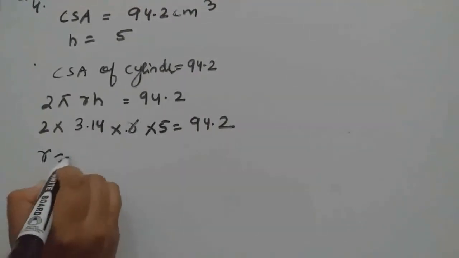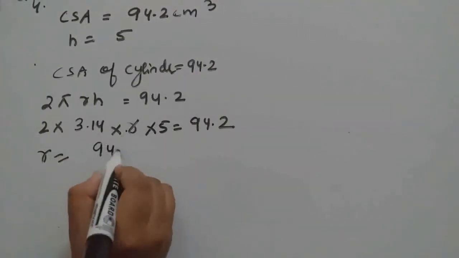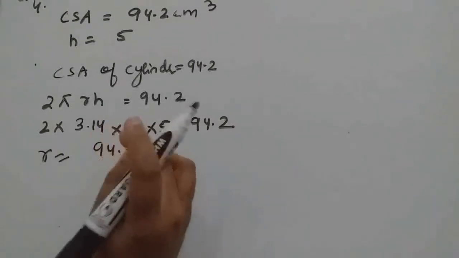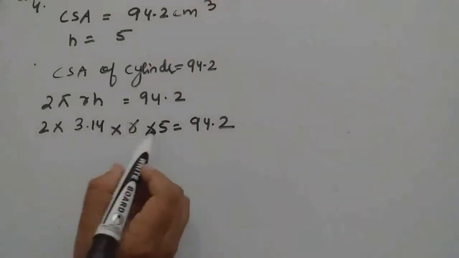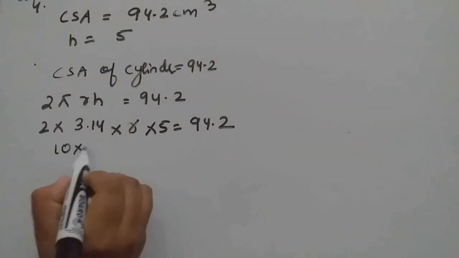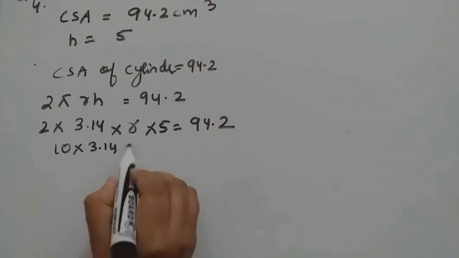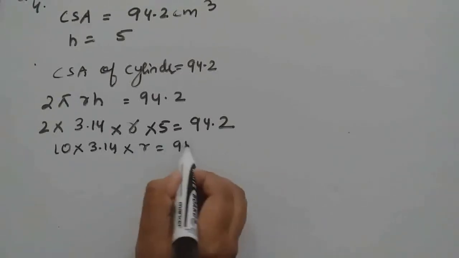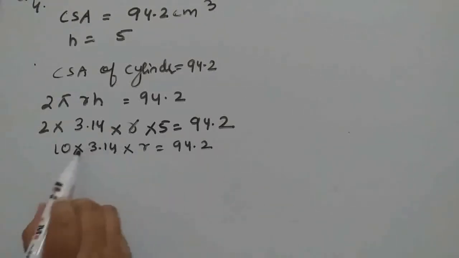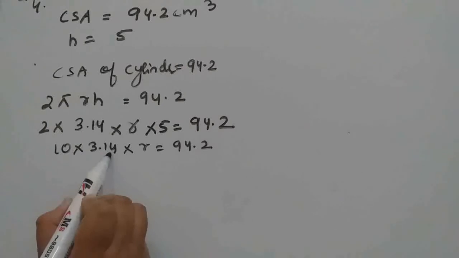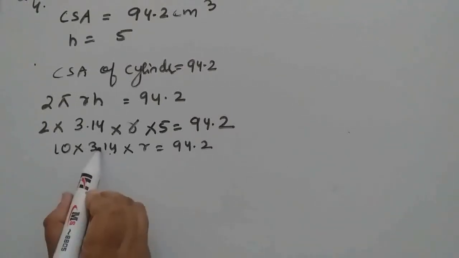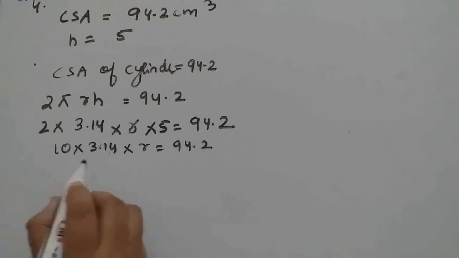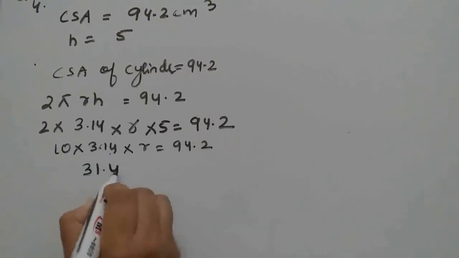So R will be, see, 94.2. First we will multiply this, so it will be easy. 5 2s are 10. 10 into 3.14 into R is equal to 94.2. Then you multiply these two. So remember, if you multiply with zeros here, the decimal will shift to the right. So 31.4 you will get.